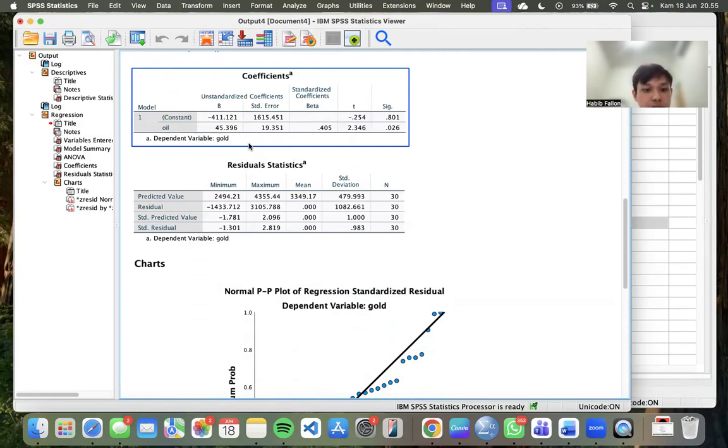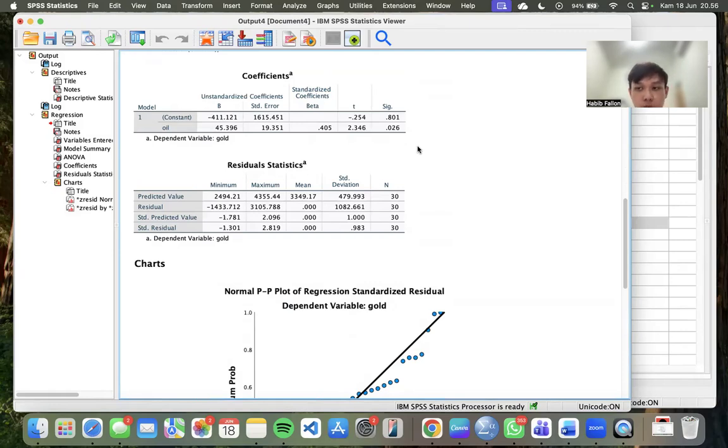This means every 1 unit increase in world oil prices is associated with an increase of approximately 45.369 units in world gold prices. The significance value is 0.026, which is lower than 0.05, so world oil prices have a significant effect on world gold prices.